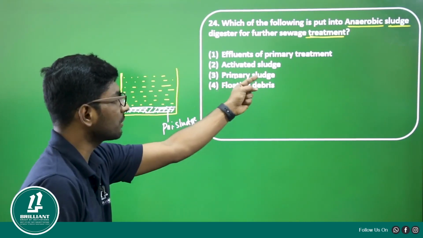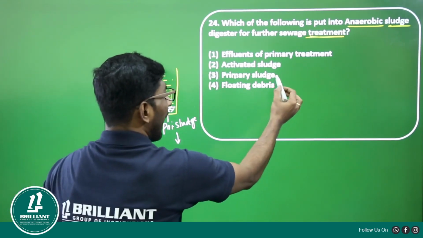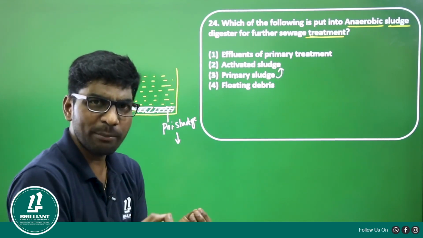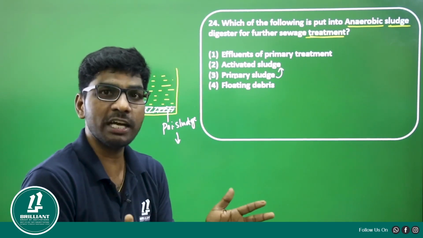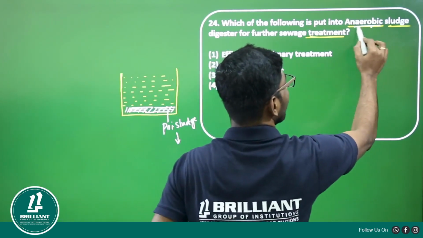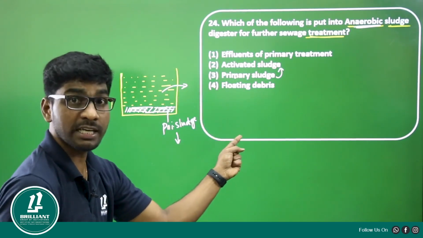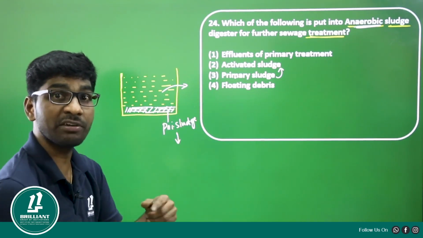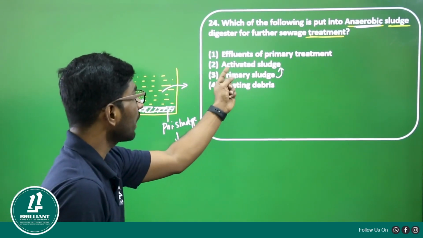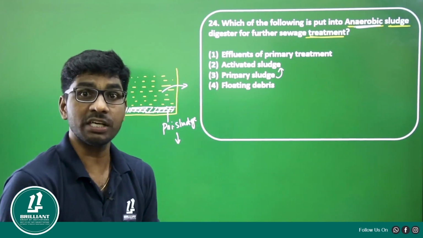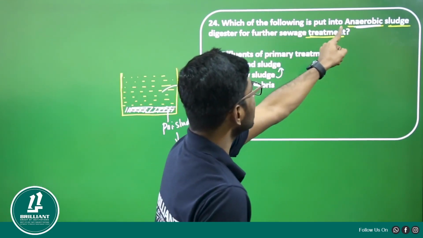This effluent is sent into the secondary treatment in the aeration tank. Initially we add a huge amount of aerobic bacteria, and after that activated sludge is formed. A small amount of activated sludge is given again to the aerobic bacteria, and the major portion is sent to anaerobic conditions, the anaerobic sludge digester. Which is put into the anaerobic sludge?